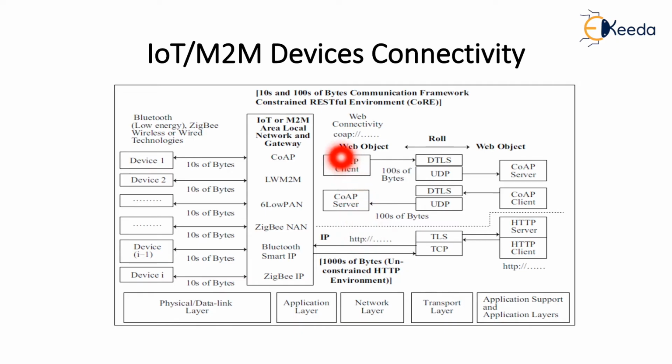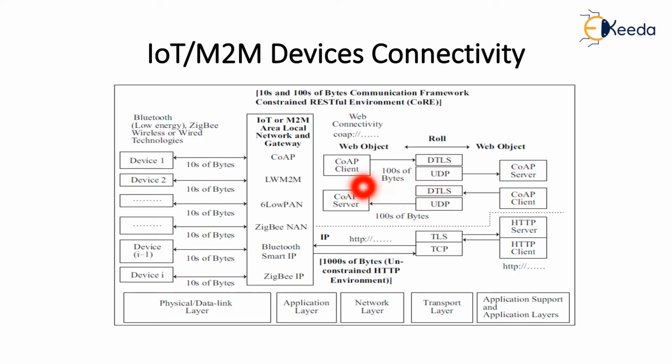So here the web objects are a client and a server, based on request and response. So you have web connectivity which takes place in this format, and also the web object which is roaming between the client and the server, which uses the UDP protocol, and also client and server interactions.